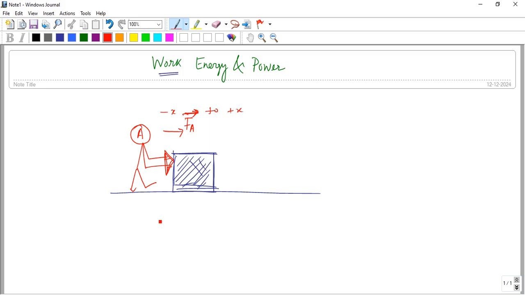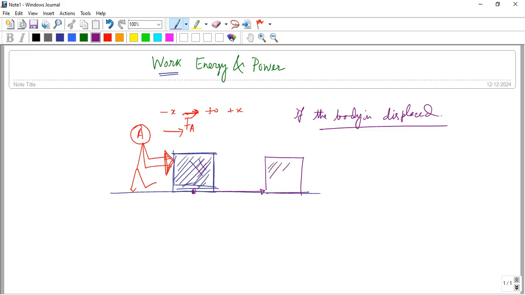Now a condition: if this body is displaced, very important, if the body is displaced from here to there, we say there is a displacement d.